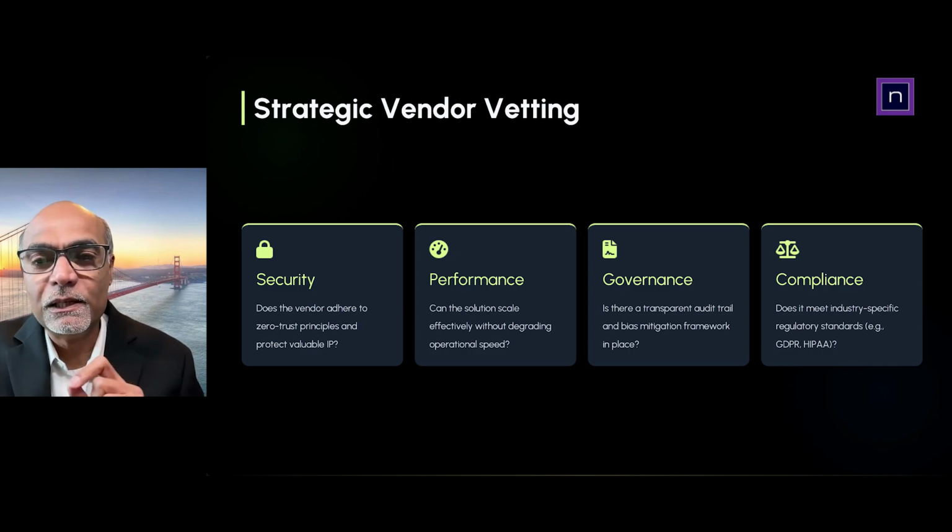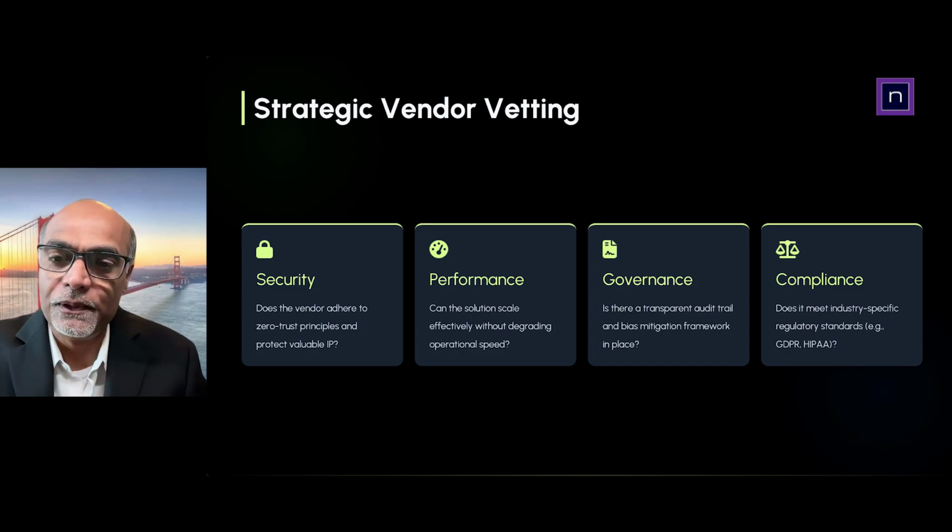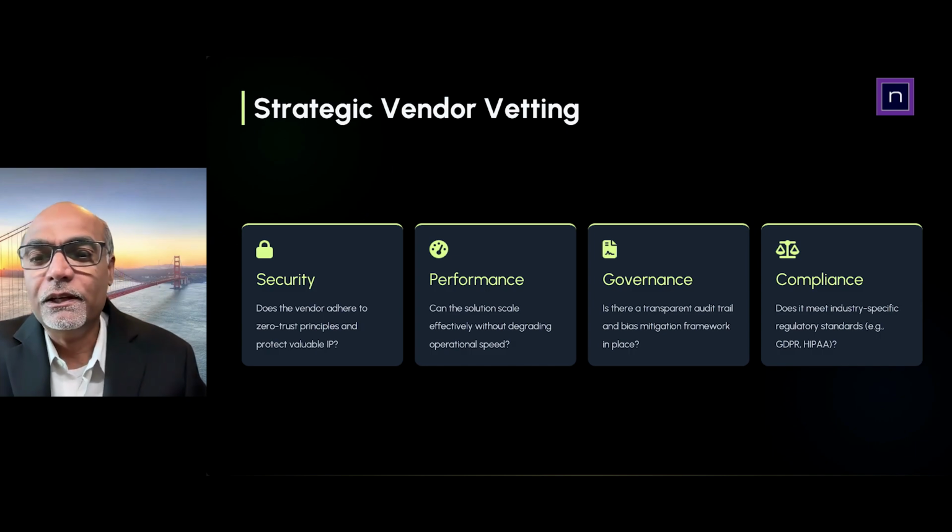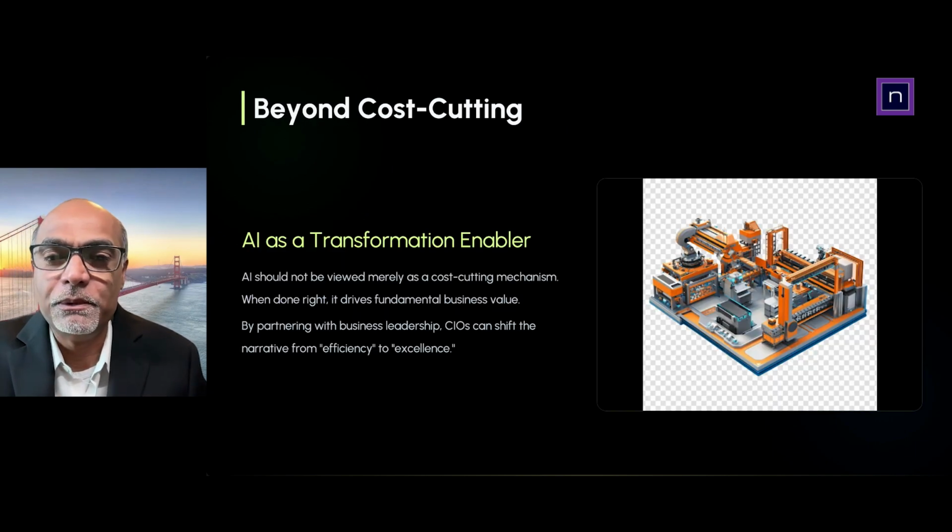When we look at company-wide and department-wise use, performance will become an issue. Then governance: who should have access to what? You don't want to give access to everyone in the company. And of course compliance: in the US you have to look at SOX compliance, and in Europe you have to look at GDPR compliance, etc.